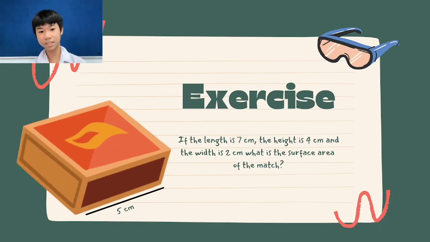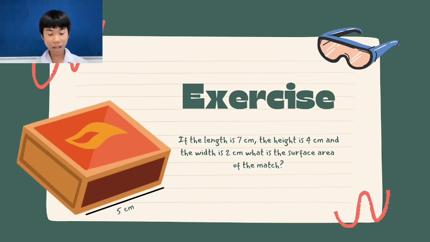Now let's get serious. The next exercise: if the length is 7 centimeters, the height is 4 centimeters, and the width is 3 centimeters, what is the surface area of the cuboid? Do you still remember the formula?